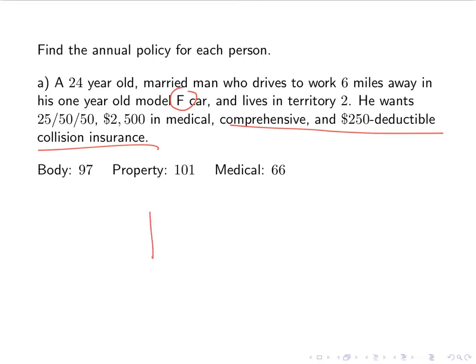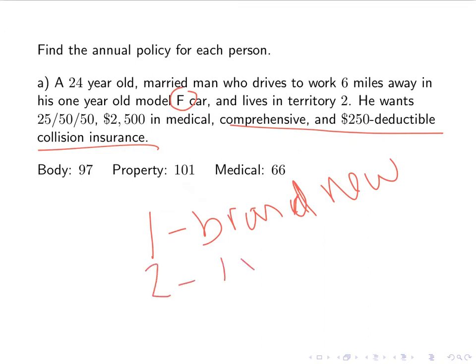So age group 1 means a brand new car. 2 means a 1-year-old car. 3 means 2 years. And 4 means 3 or more.